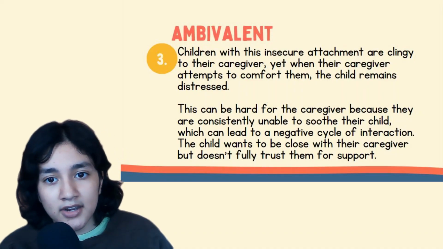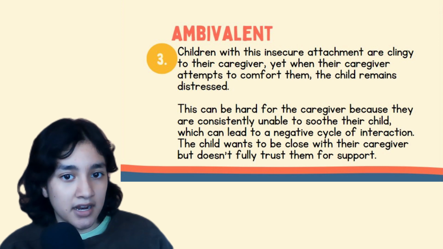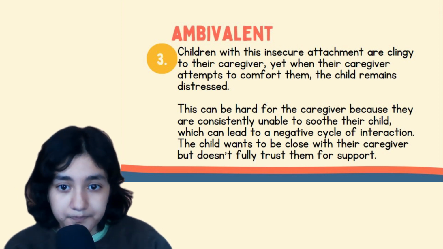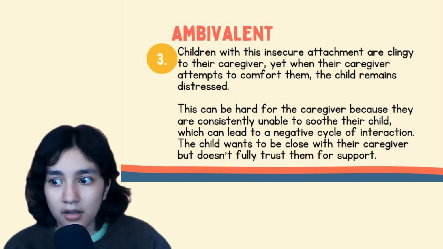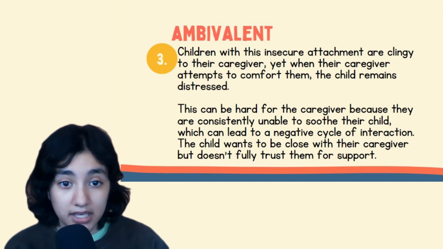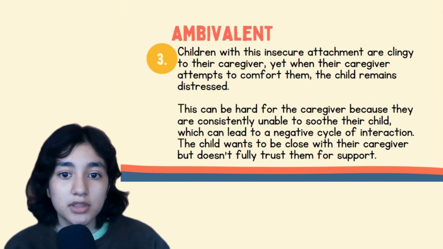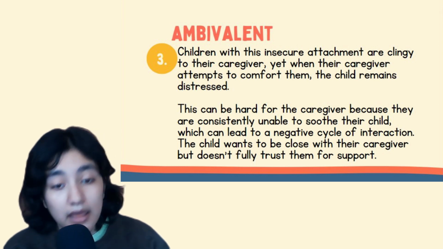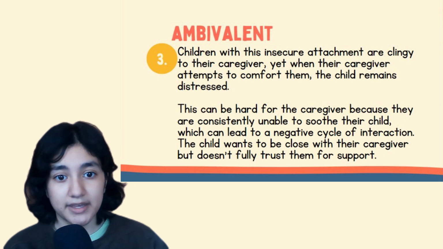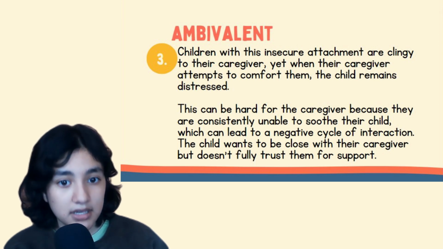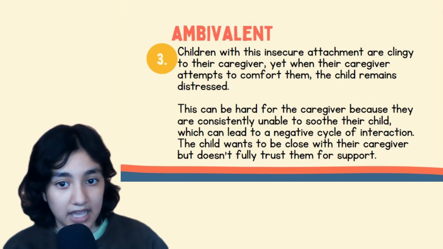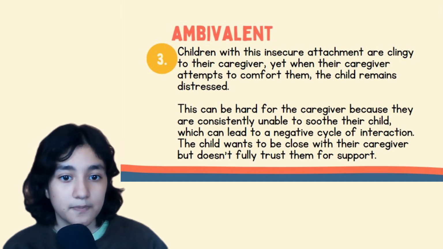Children with this insecure attachment are clingy to their caregiver. Yet, when their caregiver attempts to comfort them, the child remains distressed. This can be hard for the caregiver because they are consistently unable to soothe their child, which can lead to a negative cycle of interaction.